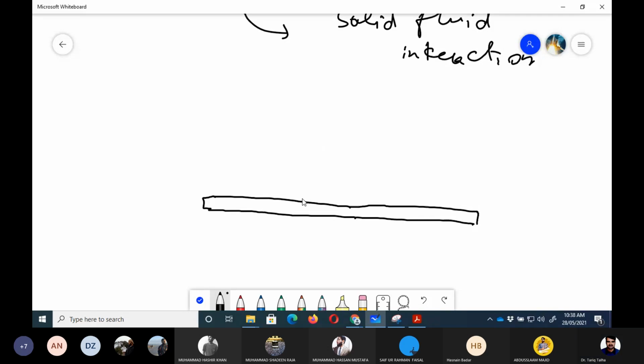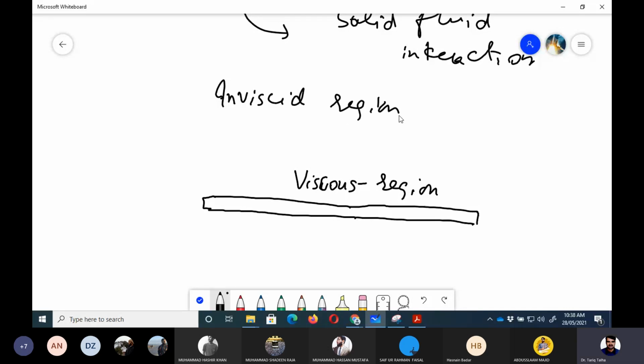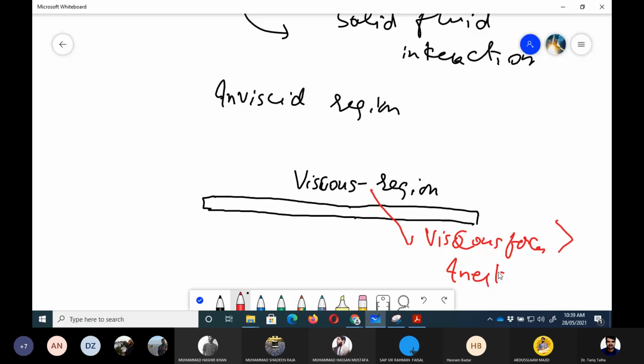One is the viscous region, and one is inviscid region. So viscous region is the region where we have the viscous forces greater than inertial forces.